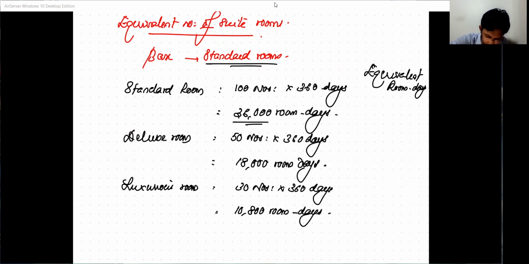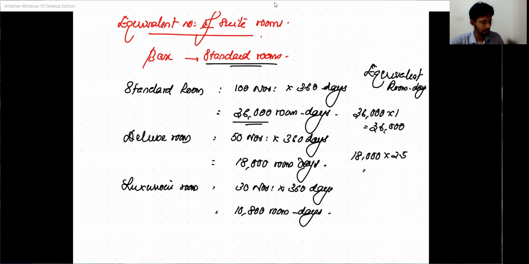So this is equivalent to 36,000 into 1, so 36,000 itself. But when you come to 18,000, it is equivalent to 18,000 into 2.5, that is 45,000. And the next one, it is 10,800 into 5, which will be 54,000.